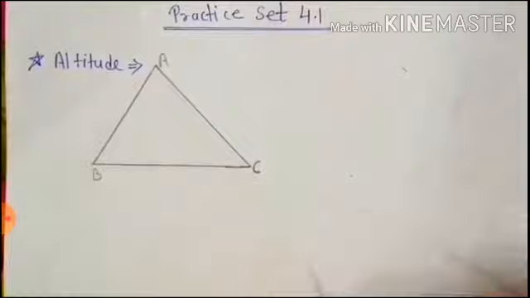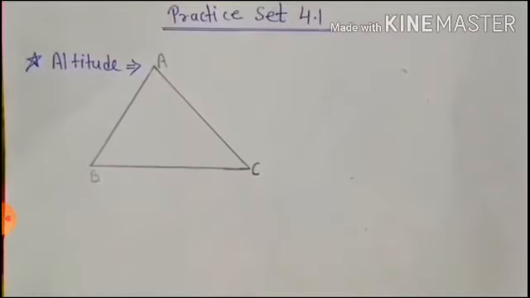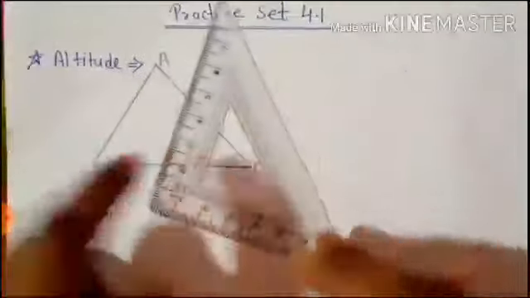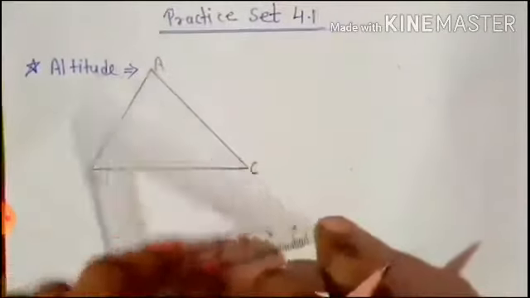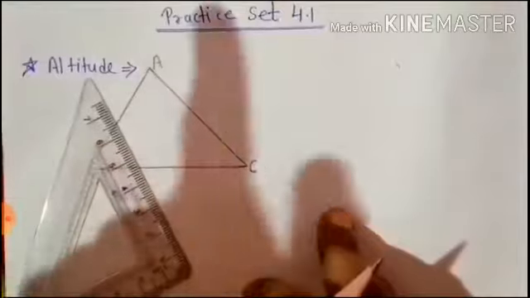If you want to draw the altitude of this triangle, we will use the set square. You people know the set square. This is called a set square. How to adjust the set square on our triangle?